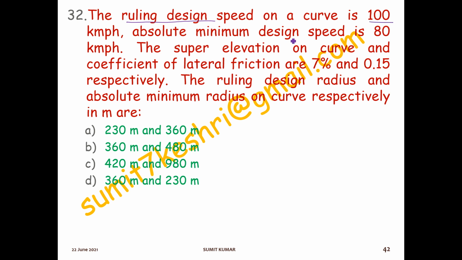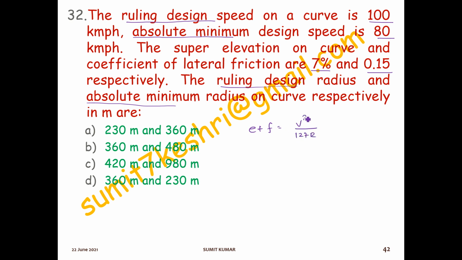So here in this question, the ruling design speed on a curve is 100, the absolute minimum design speed is 80, the super elevation on a curve is 7%, and the lateral friction coefficient is 0.15. So what will be your ruling design radius and absolute minimum radius? We know again e plus f is equal to V square by 127R.